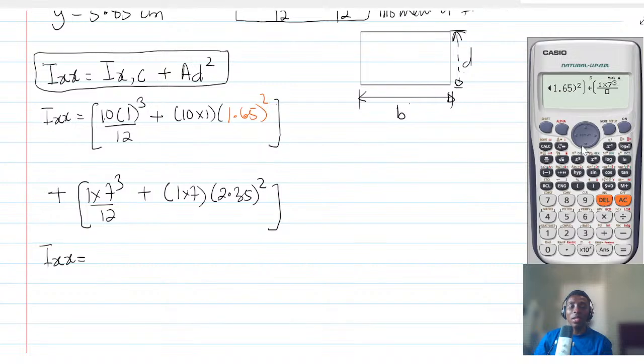Yeah, you divide for the second one, sorry, 12, plus 1 times 7 times 2.35 squared. So basically you have 95.29, let's say 95.3. So 95.3 centimeters to the power 4.